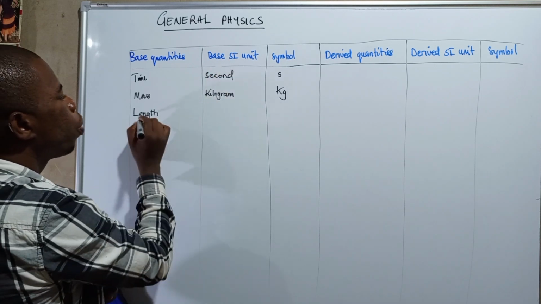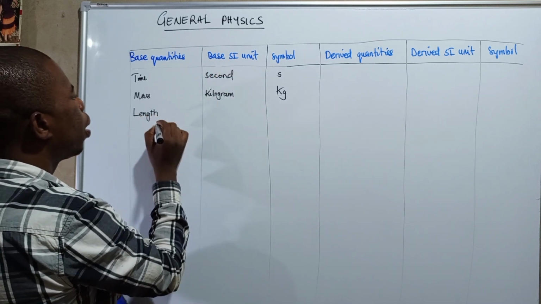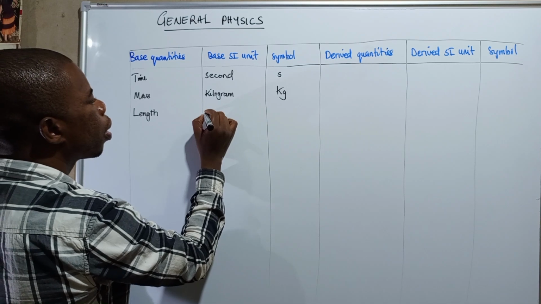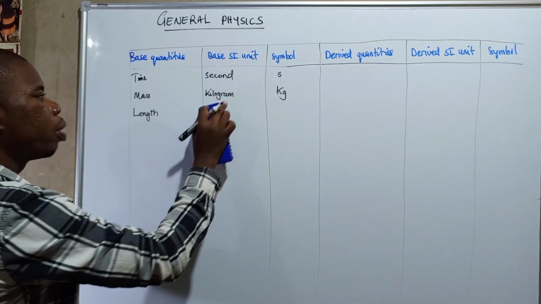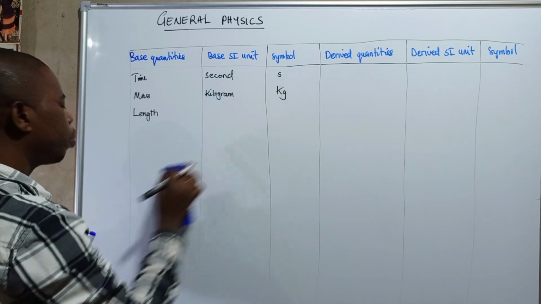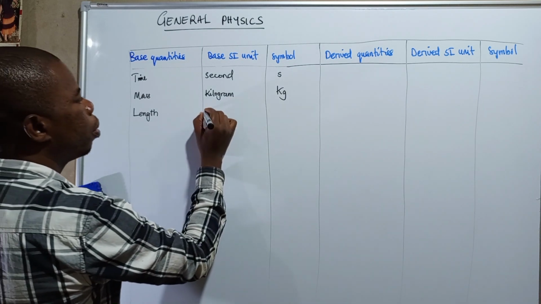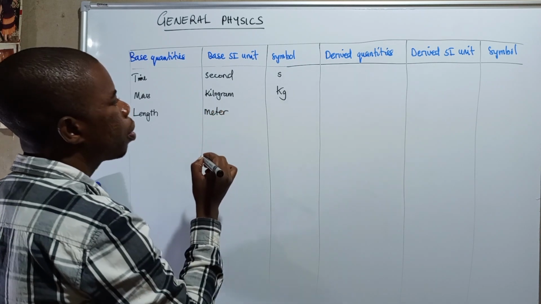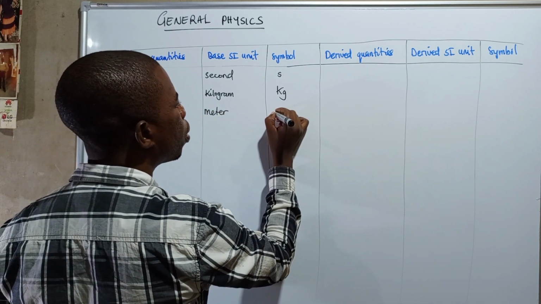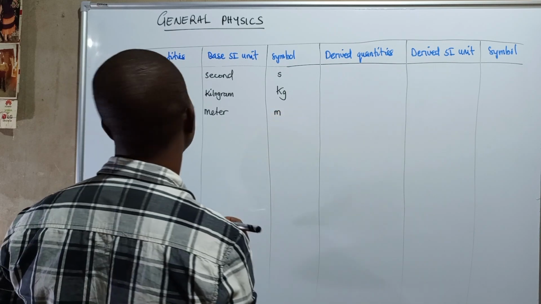What unit do we use to measure length? It's actually kilometer, or not kilometer, meter, sorry. It is meter. The symbol is a small letter m.